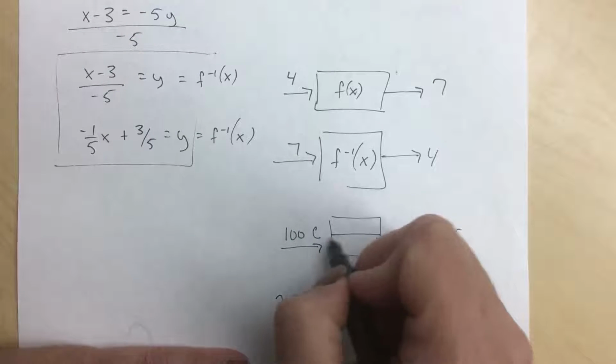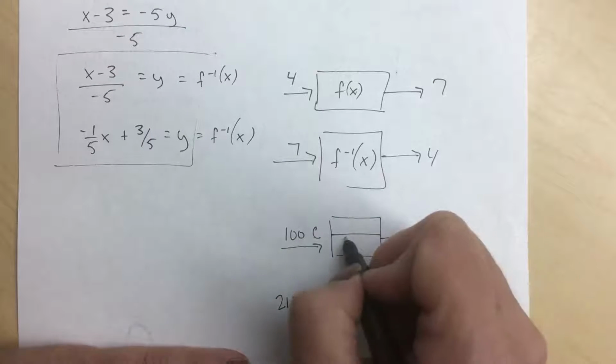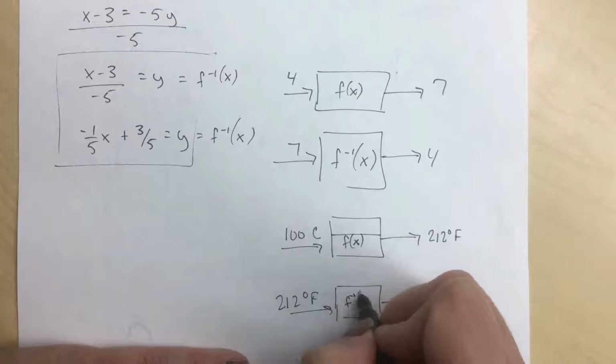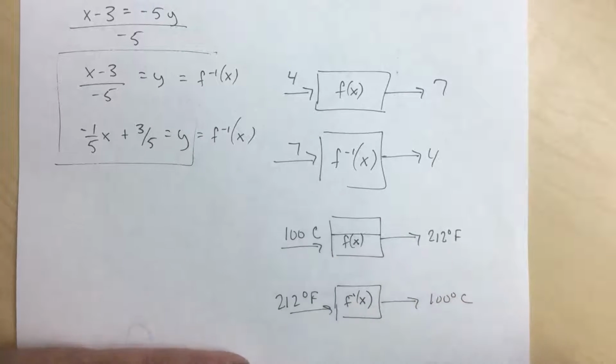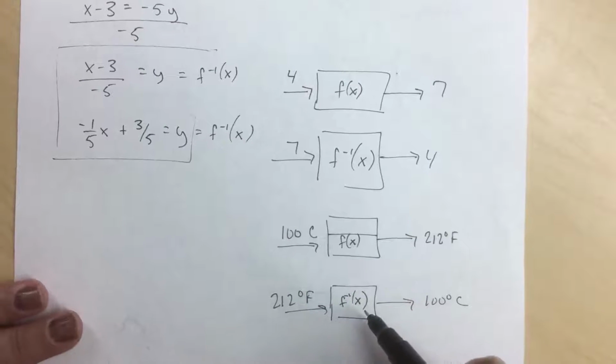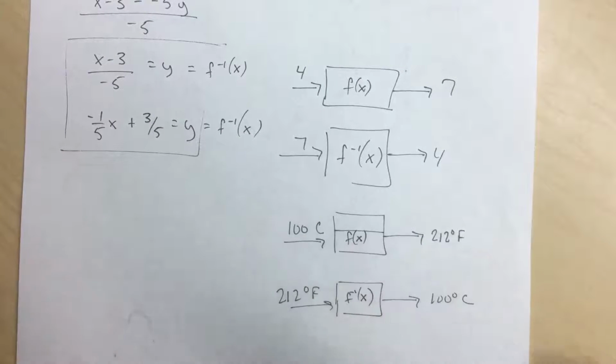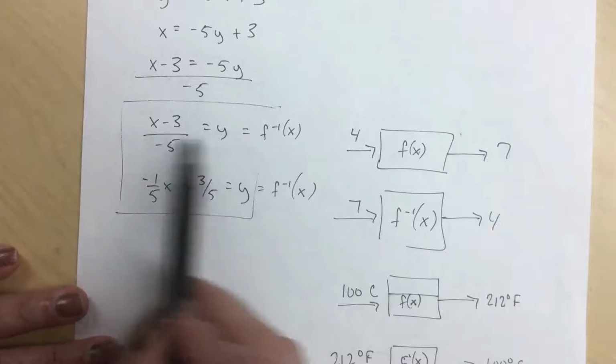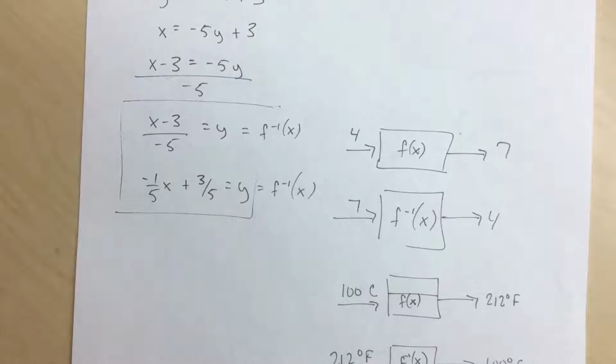Whatever we do to 100 to get 212 is the function, and whatever we do to 212 to get 100 is the inverse function. You could call this the function and this the inverse function. It doesn't matter. They undo each other. So that's how you find the inverse function. You flip the x and y and then solve for the y.